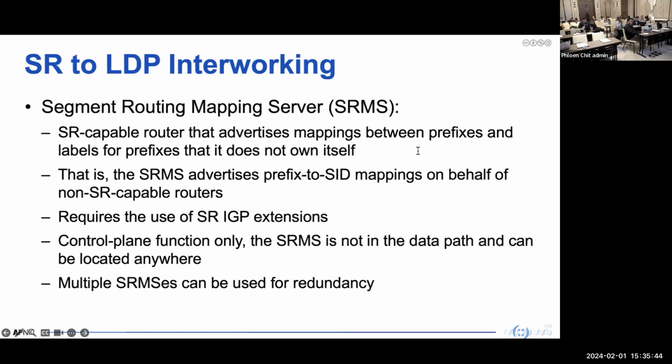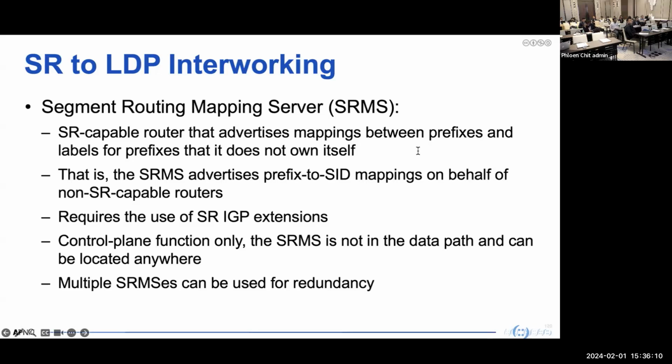Another one is SR to LDP interworking, where we need to advertise SIDs for destinations in the LDP domain into the SR domain. This will require the use of a segment routing mapping server, or SRMS. SRMS is an SR-capable router that advertises mappings between prefixes and labels for prefixes that it does not own itself.